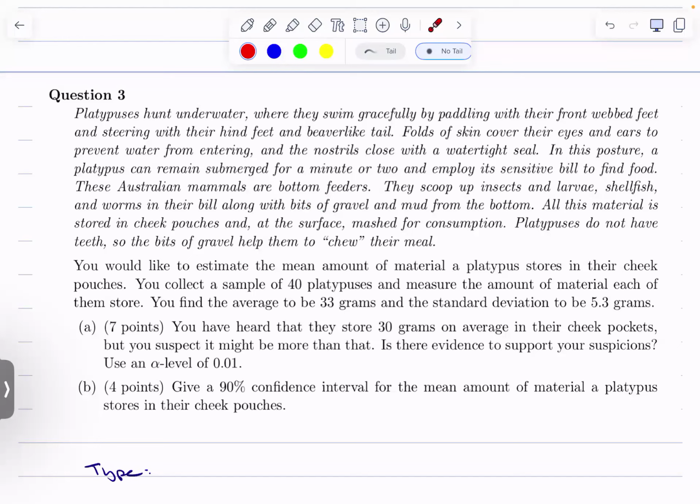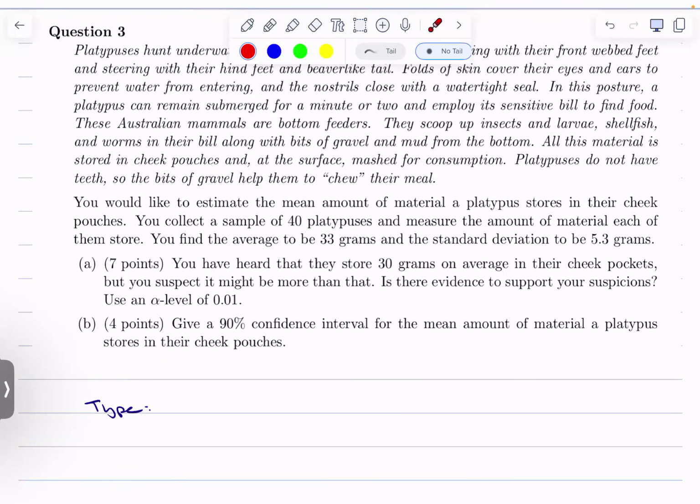They kind of grind it, I guess. Anyways, that's a fun fact. Platypuses are really interesting, but they're also really freaky if you read a lot about them. That's not what this class is about, although it could be.